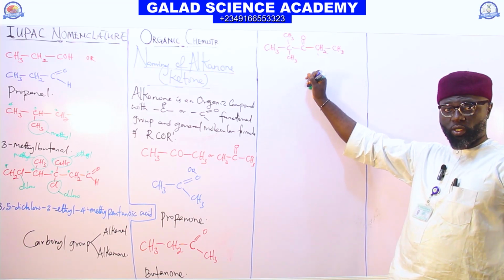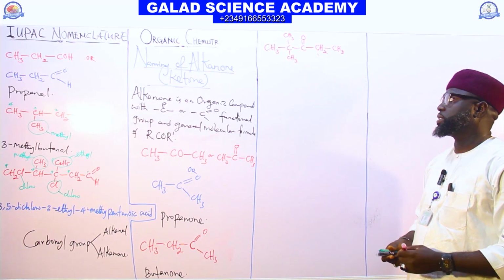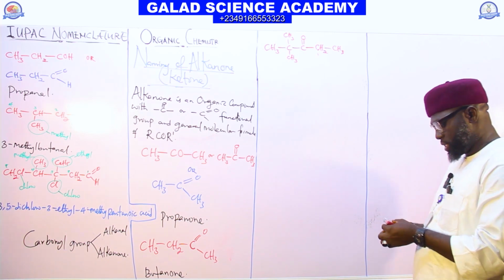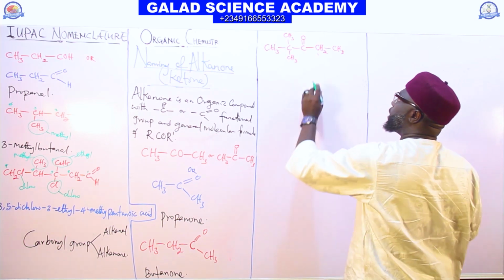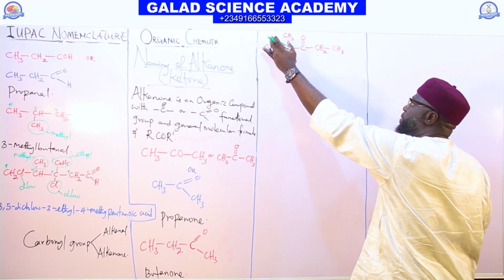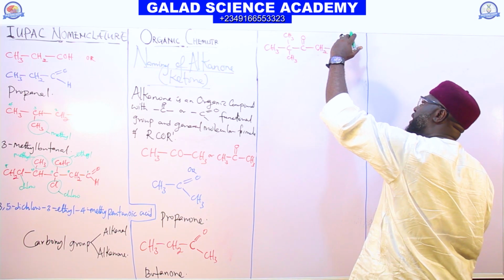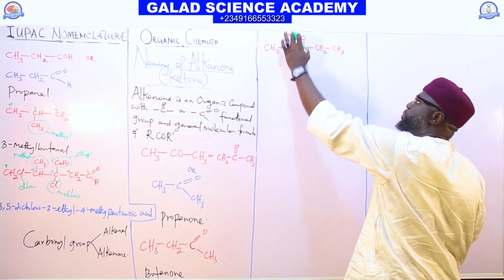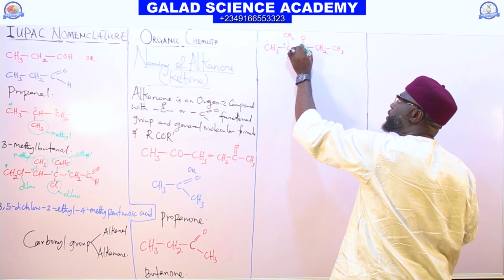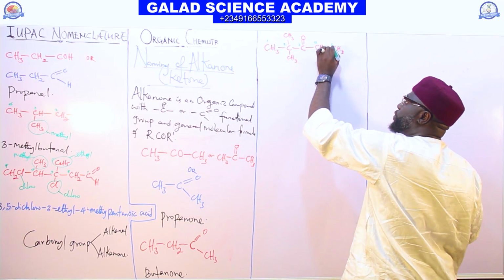We are now asked to name this compound. How are you going to name it? Try now. Where is the functional group? Here at the middle. You can start from here or from here. Because of this substituted group, you will start from here. 1, 2, 3, 4, 5.